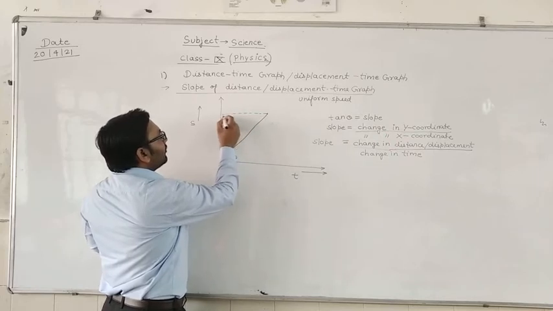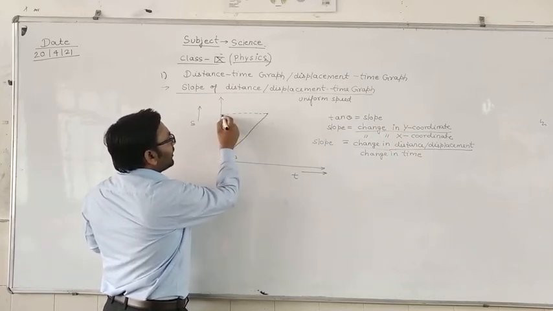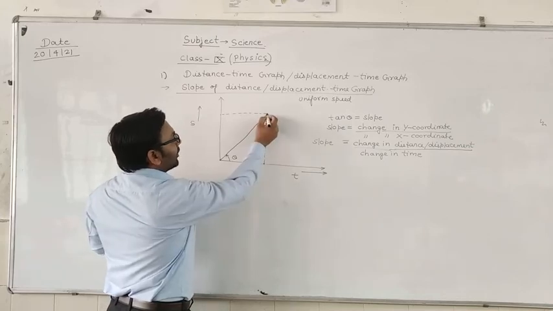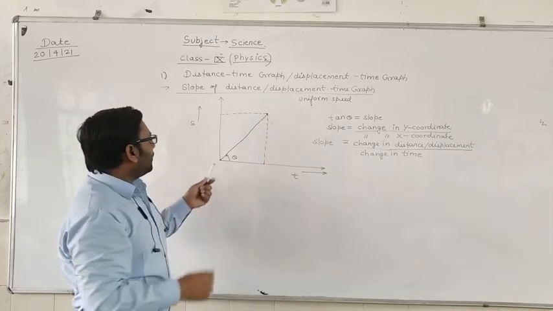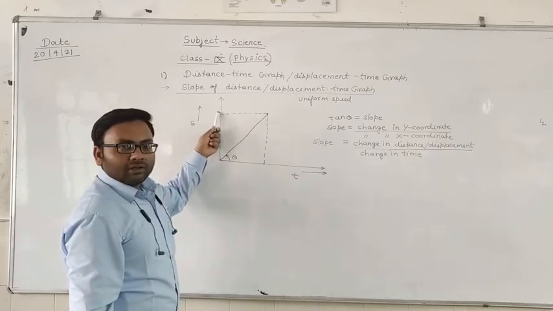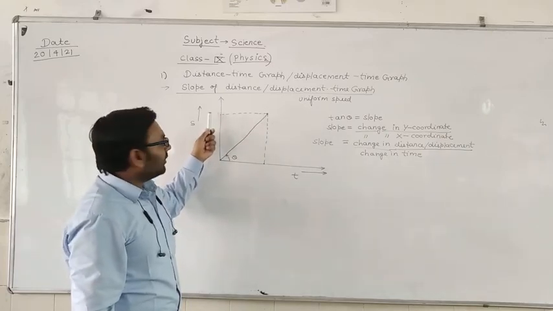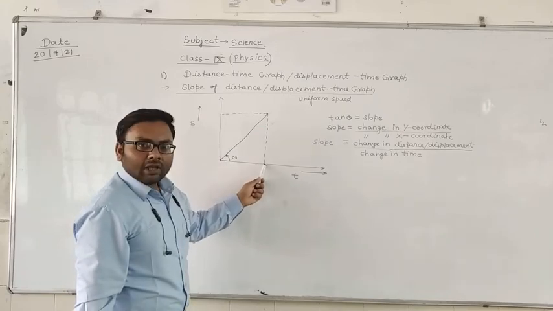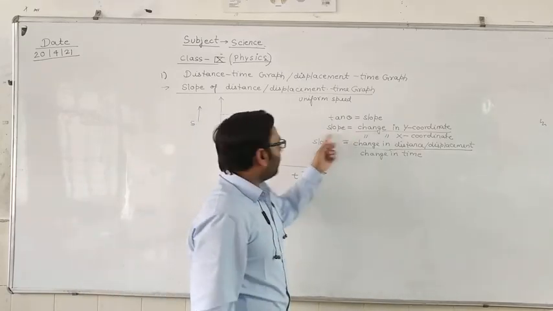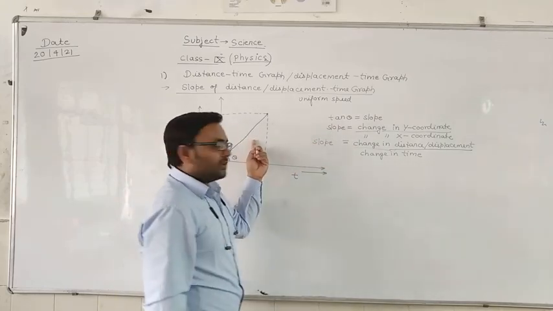This is the final distance corresponding to the final point, and this is the final time corresponding to the final point of the graph. So when we go from the initial to the final point of the graph, we see the change in y coordinate, meaning the change in distance or displacement, and also the change in x coordinate, that is the change in time. This ratio is known as the slope of this graph.